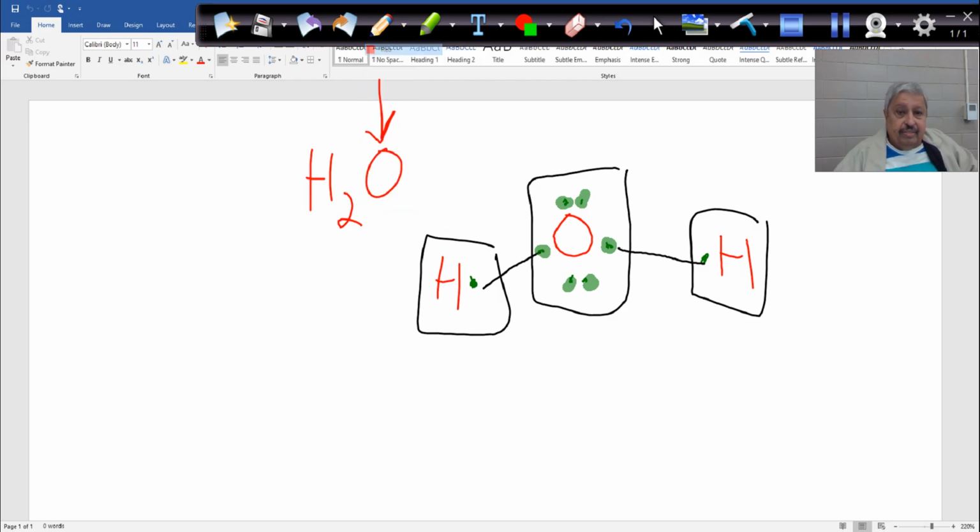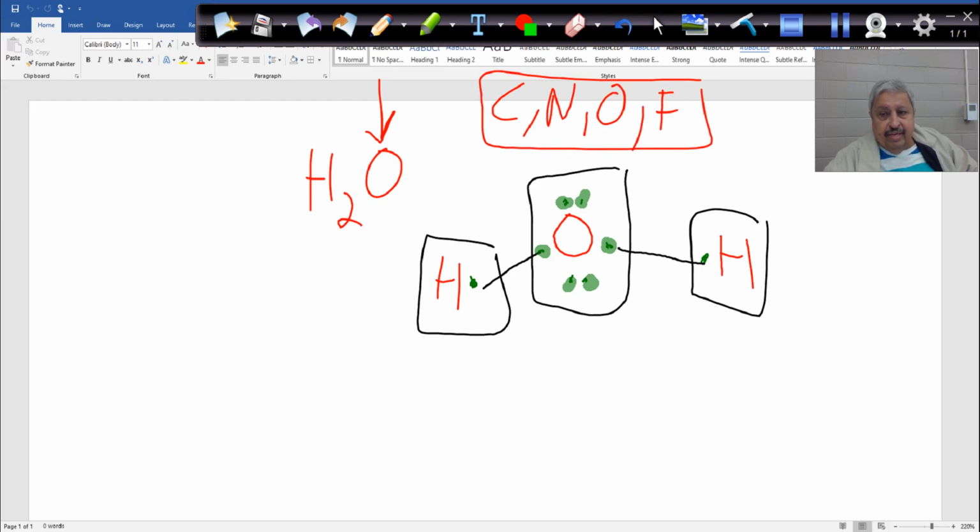Now the question is, we have the rule. It says we have carbon, nitrogen, oxygen, and fluorine atoms. We have to determine if they have 8 valence electrons in combination. Well, let's count. This is 1, 2, correct? 3, 4. Those are unshared, correct? Those are the shared ones, 5, 6, 7, 8.